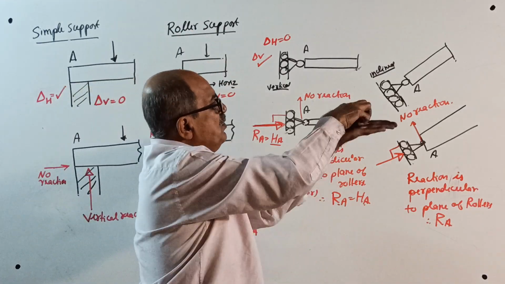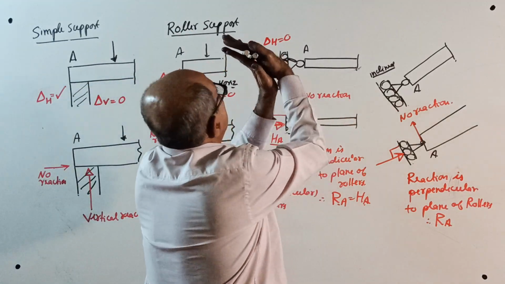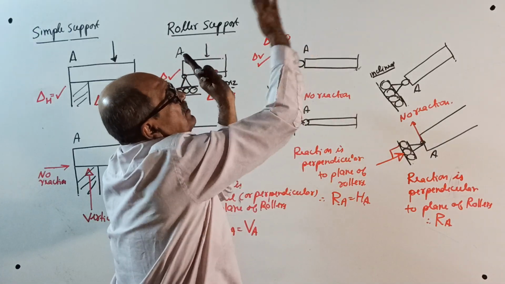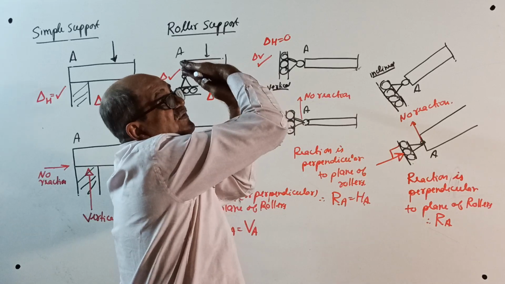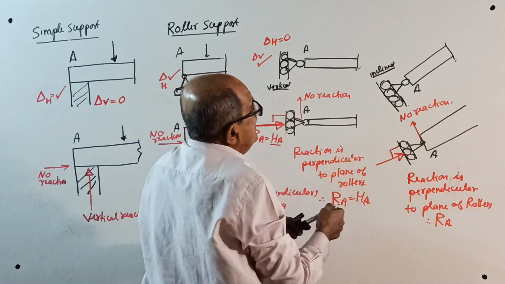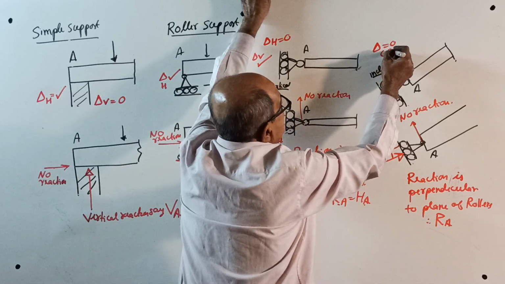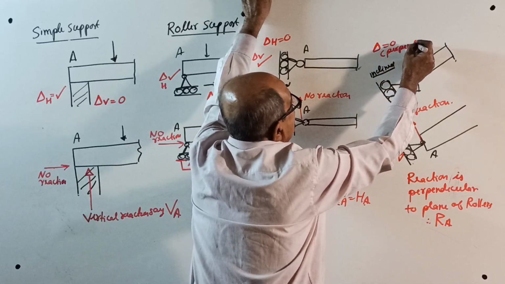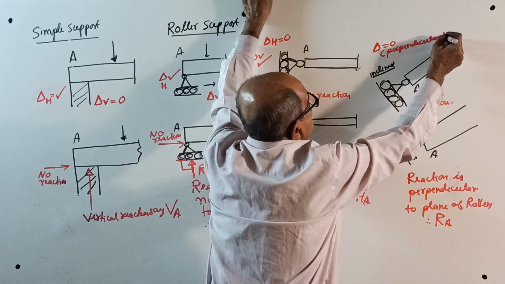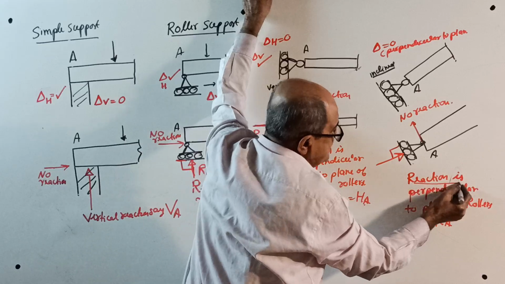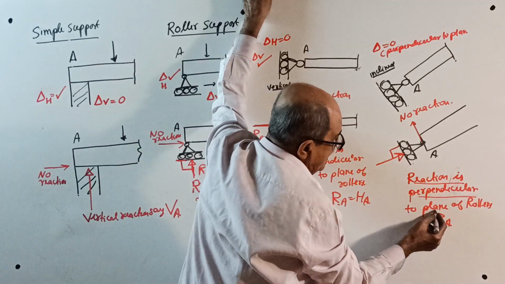Now, suppose it is an inclined plane. If you apply load perpendicular to the plane, it will be stable. Therefore, displacement is 0 perpendicular to the plane. Therefore, reaction is once again perpendicular to the plane of the roller.